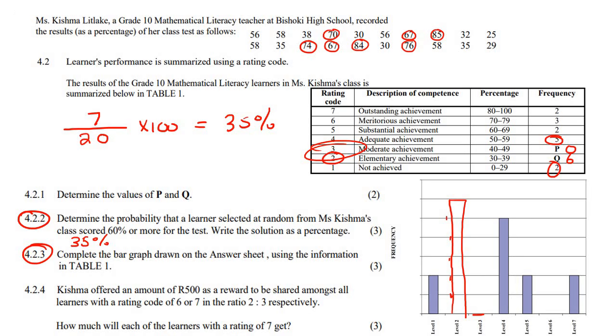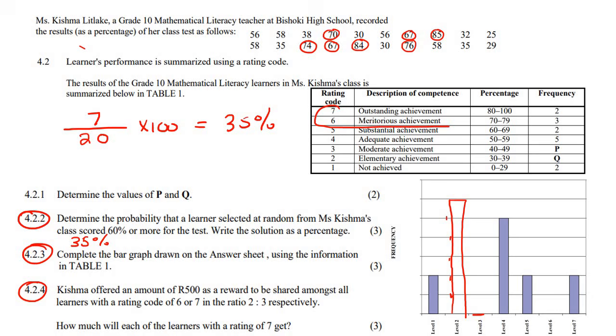And the last one says, Kishma offered an amount of 500 Rand as a reward to be shared amongst all the learners with a rating code of 6 or 7 in the ratio of 2 to 3 respectively. Oh, so this is actually quite a confusing question. They're only looking at the learners in code 6 to 7.